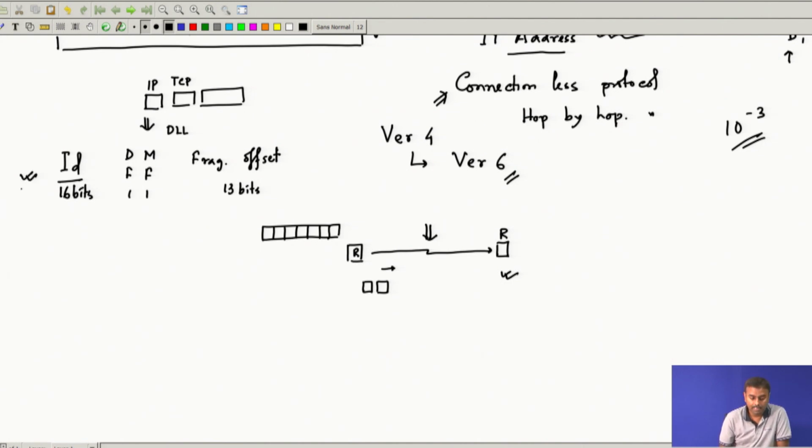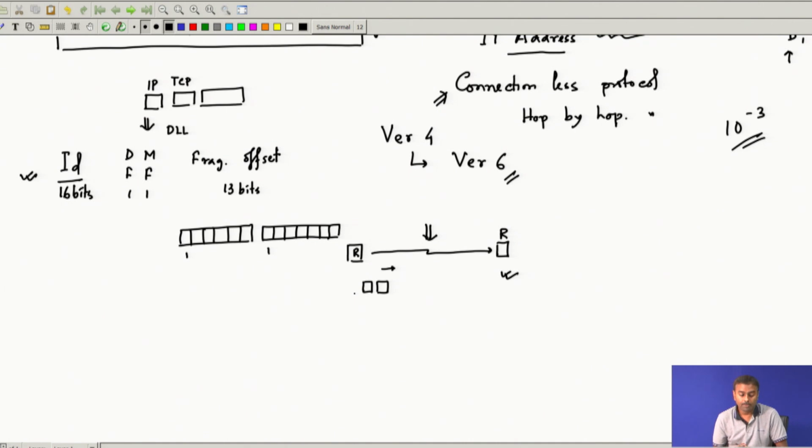Any time you do fragmentation, it might happen that there are multiple packets coming one after another, and he has to fragment all of them. Now, a fragment from one packet and the first fragment from another might be confused and jumbled up, because these fragments might wait an arbitrarily long time, since it is store and forward. You first store them, so multiple packets and all their fragments might be stored. If these fragments are not properly numbered and identified, they might get jumbled up.